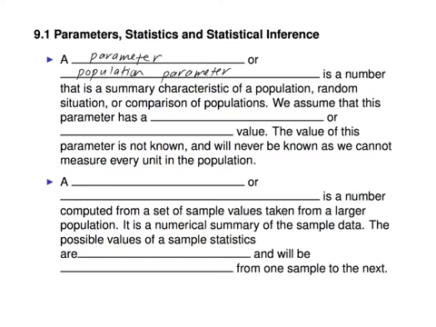Good, there's alliteration there. You can do poetry in math class. PP. It's a summary characteristic of a population, random situation, or comparison of populations. Now, the parameter is something that's true for the entire population, which you really can't measure, but you assume that this is a fixed or unchanging value.